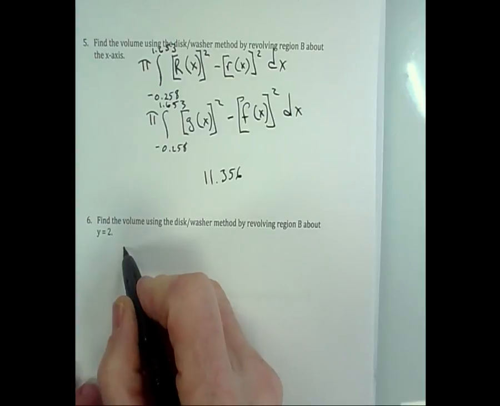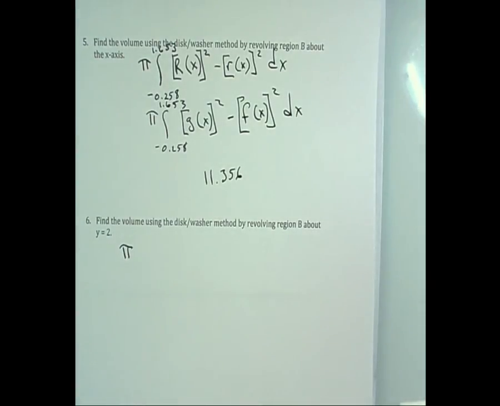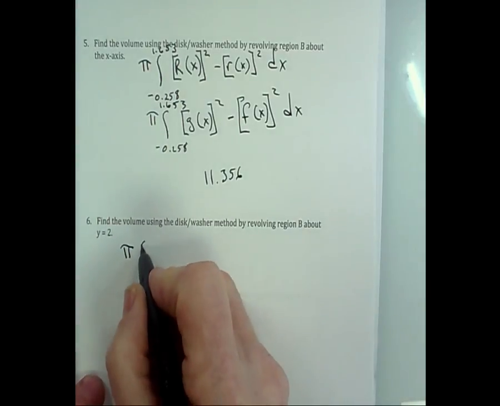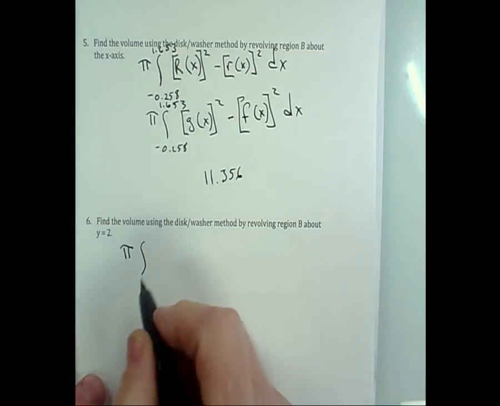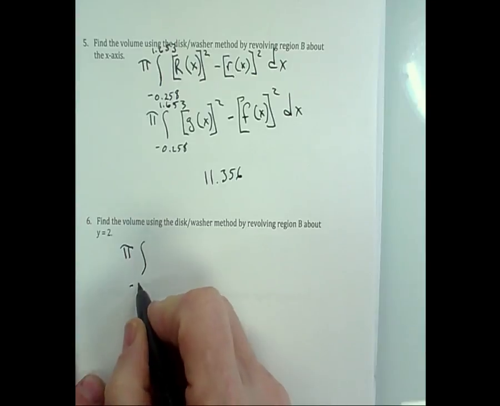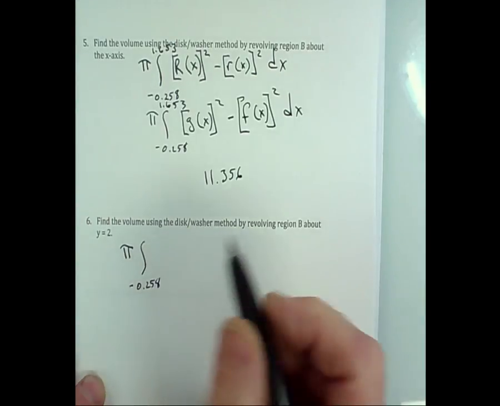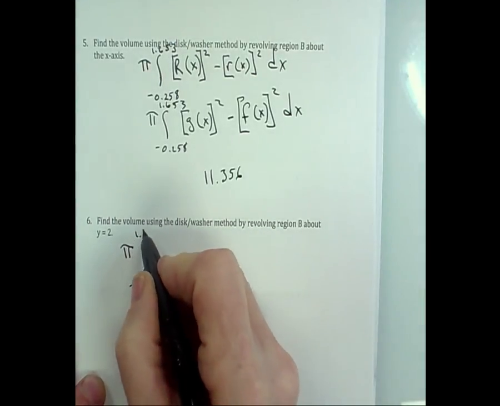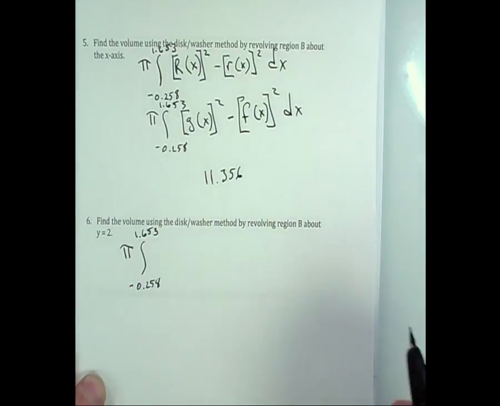I guess it's pi, from negative 0.258 to 1.653.